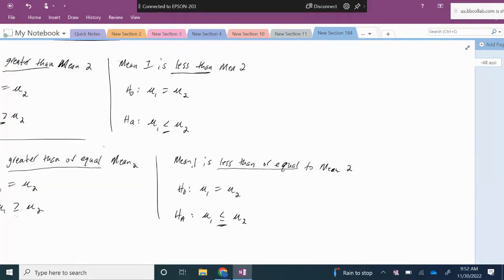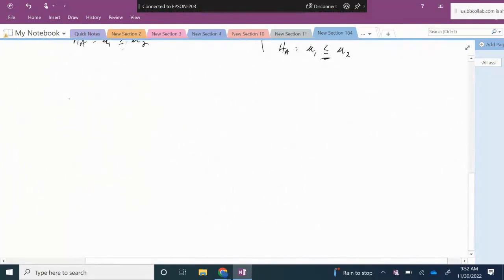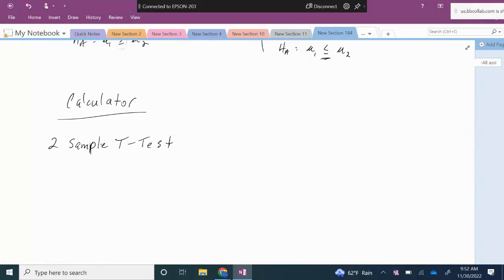Now, when we use the calculator, we're going to use a 2-sample t-test. For all of the hypothesis tests in this last section, 4.5, we're going to use 2-sample t-tests because the population standard deviation is unknown.